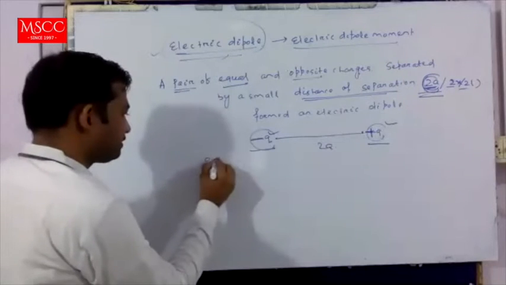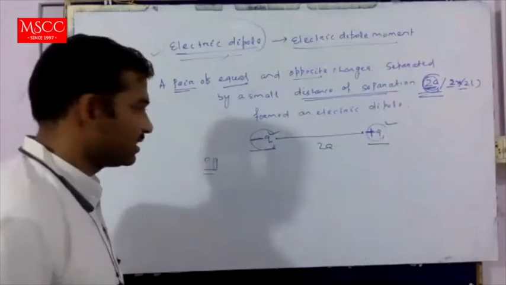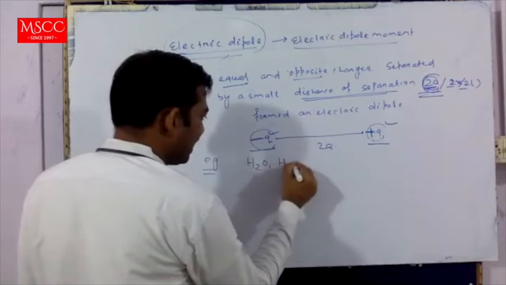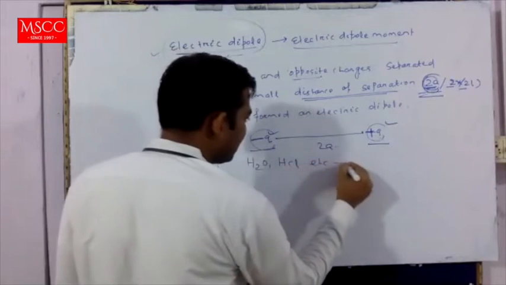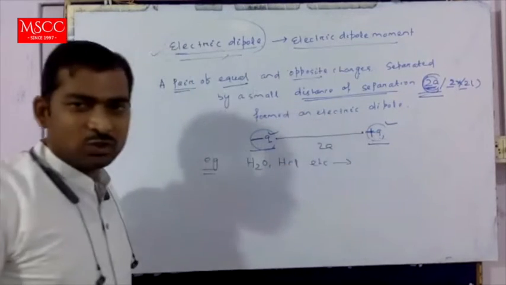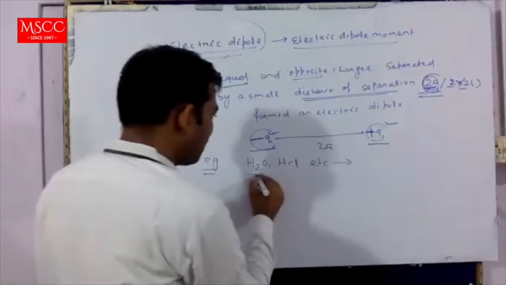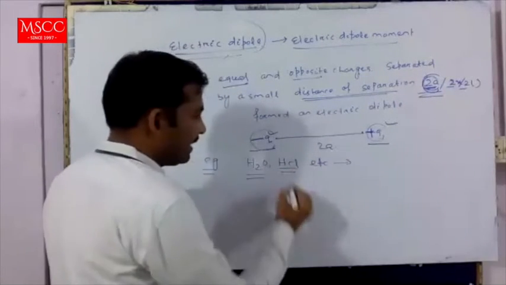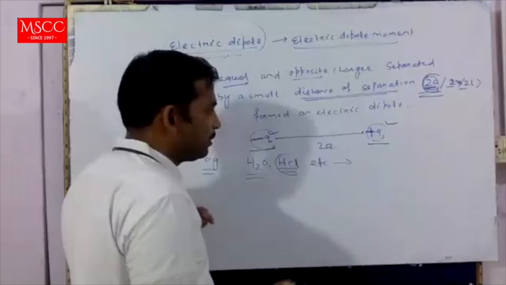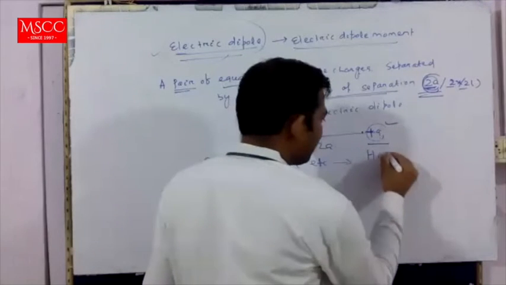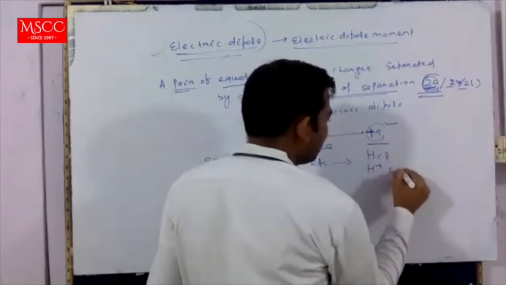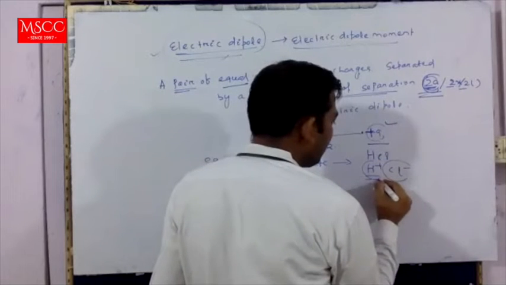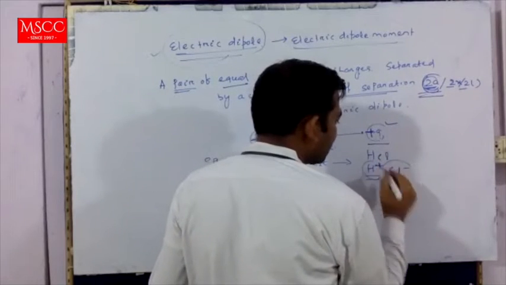Examples of electric dipole: H2O, HCl, etc. H2O, water molecule, HCl, etc. Take HCl as an example: H plus, Cl minus. Here H is always plus and Cl always minus.